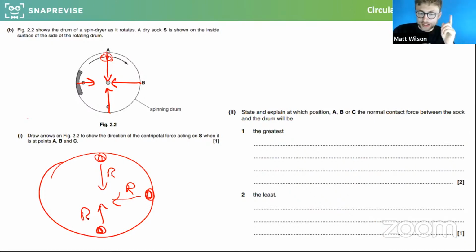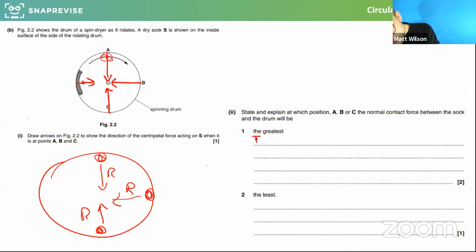Okay, so we're going to mention a couple of points. First of all, this is going in circular motion. Yeah, so it is something to do with C, and the answer is gravity. And maybe you have this intuition, the people who said C, that the sock is being pulled down due to gravity, so the drum is probably having to push even harder on the sock. And that is kind of what's happening. So let me first state a rule.